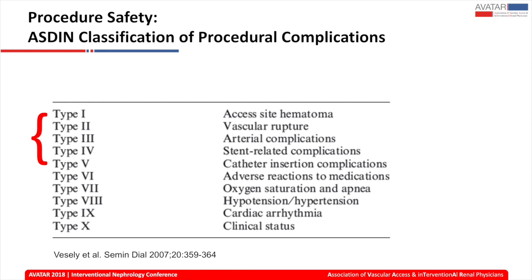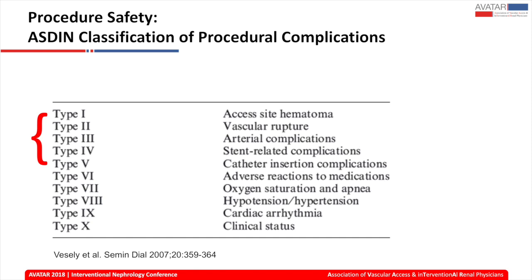Now, my talk on safety cannot be complete without talking about procedural safety. So you are doing procedures, you have to be aware that the more procedures you do, the more likely you are to run into some type of problems. And if you have not run into any problem, you have not done enough procedures, right? So you always have to be aware that there are going to be some complications.